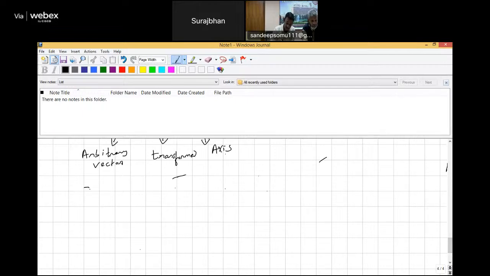So let us take 1 0 0 as my arbitrary vector and calculate the determinant. So 1 0 0, and after the transformation the vector will be 0 1 0.